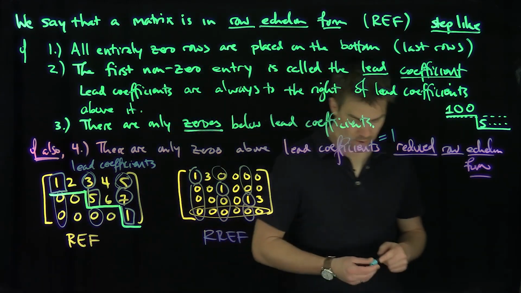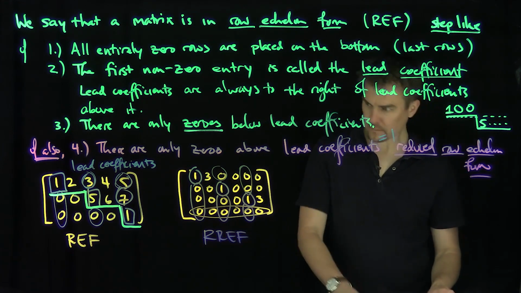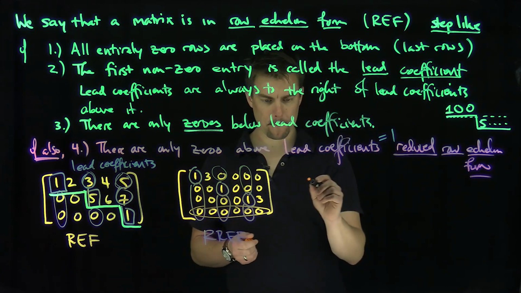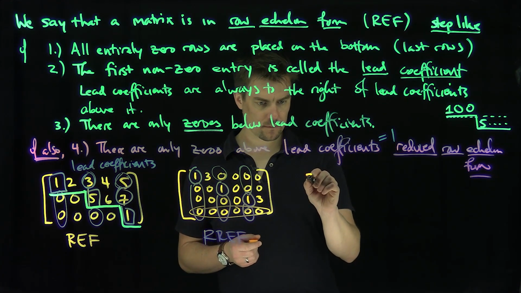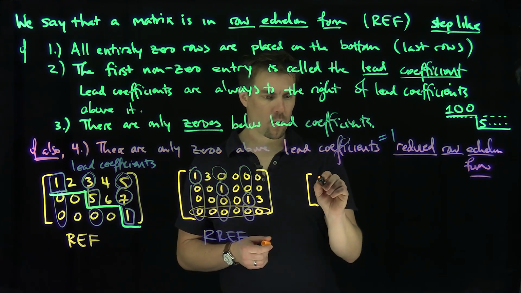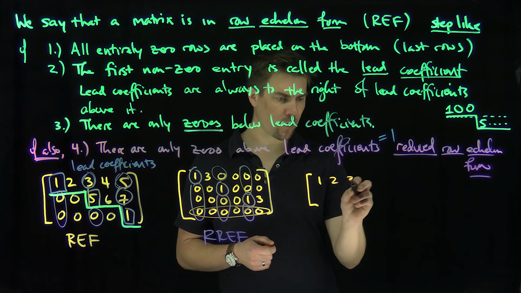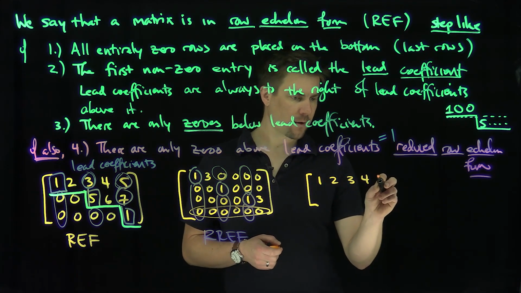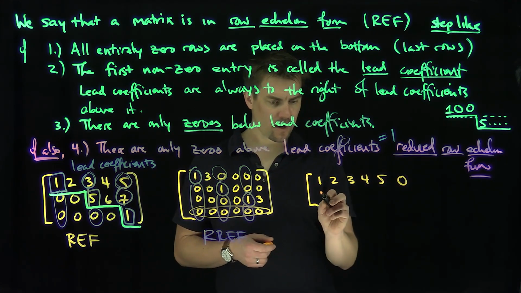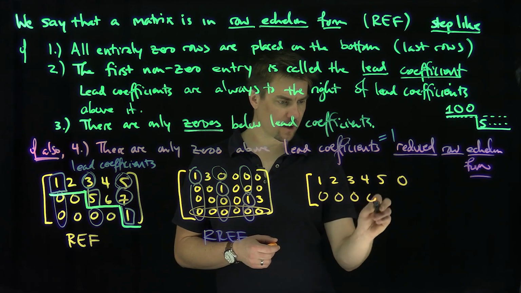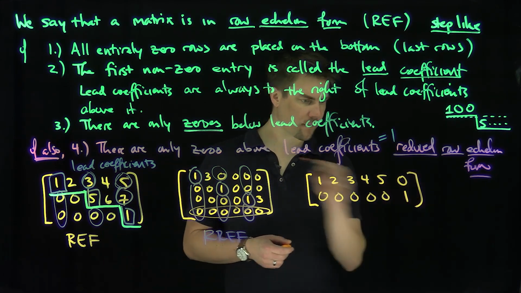All right. Let's look at one more example. Here's the last example. 1 and then a 2, 3, 4, 5, 0, and then a 0, 0, 0, 0, 0, 1. Okay?